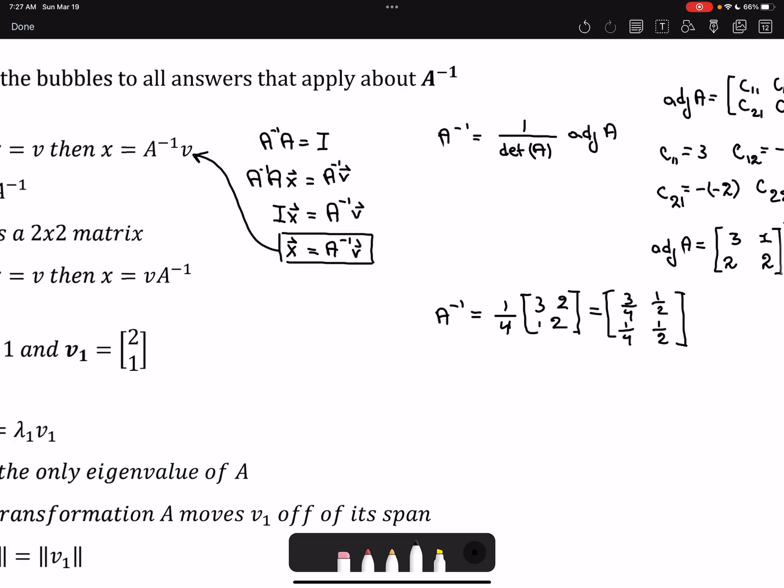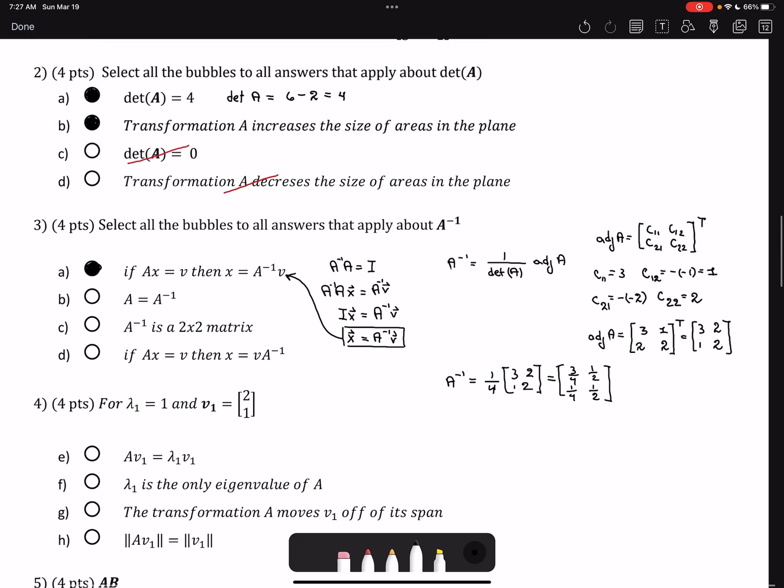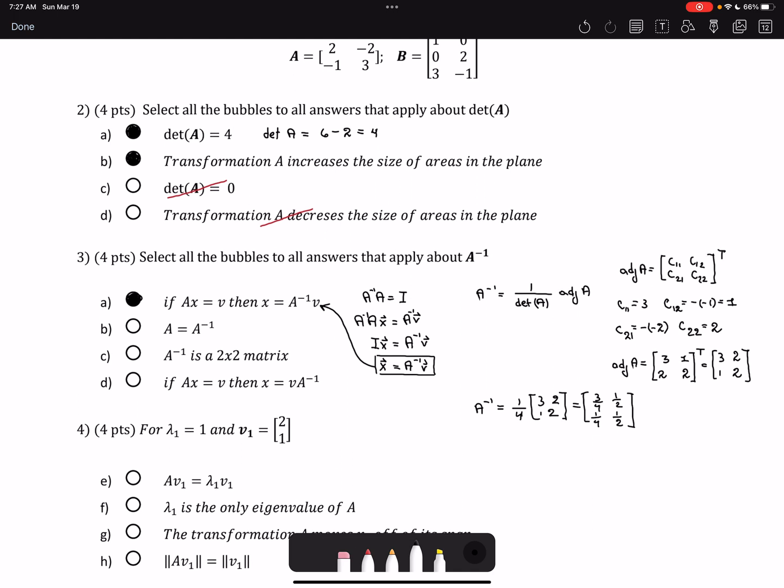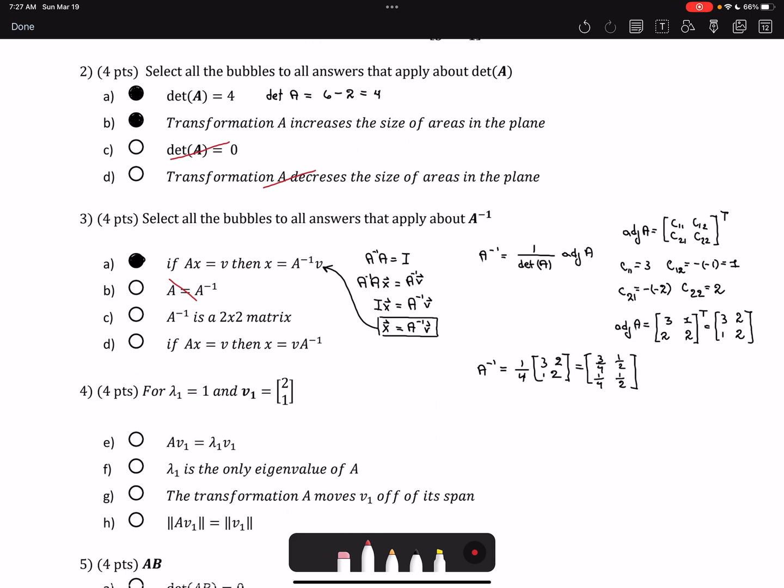This is definitely different than our original A matrix. So we don't have that A is equal to the inverse of A. So we can cancel this one out.